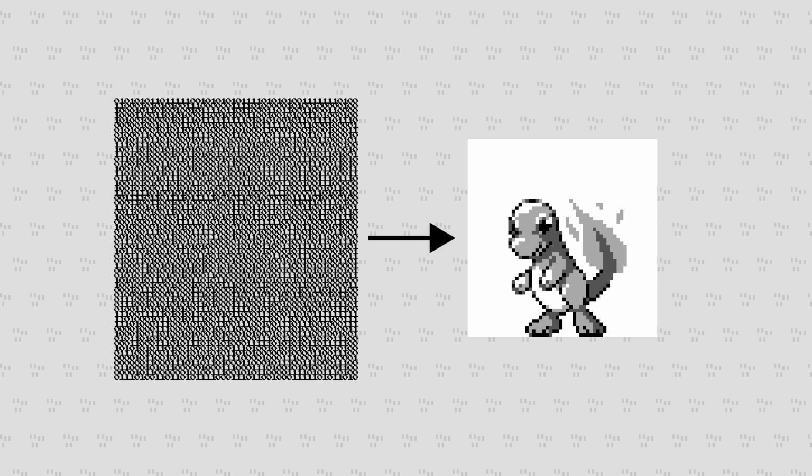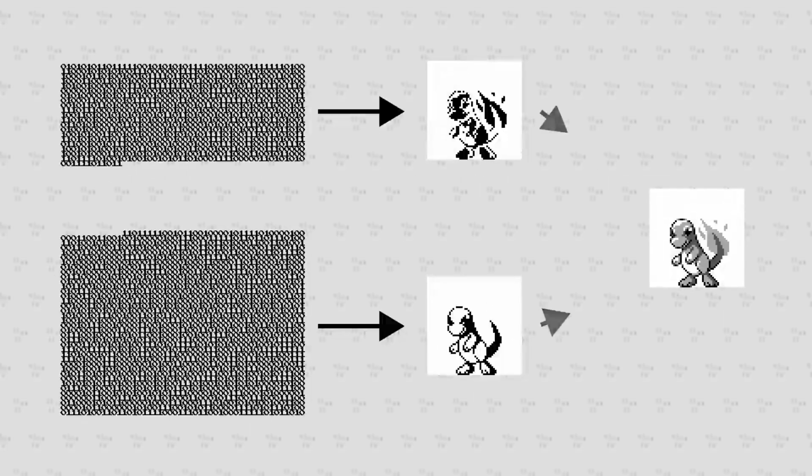First, let's look at the overall picture of what is going on before we jump into the actual algorithm. Like mentioned in the first video, the sprite is split into 2 bit planes. So instead of one sprite that uses 2 bits to represent 1 pixel, we'll be decompressing 2 sprites that use 1 bit to represent 1 pixel. What wasn't mentioned in the video was that the decompression is actually done in 2 steps.